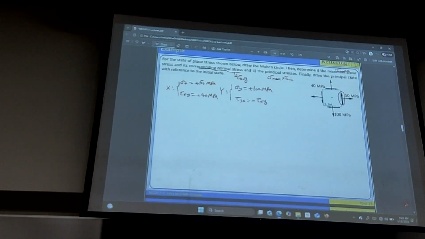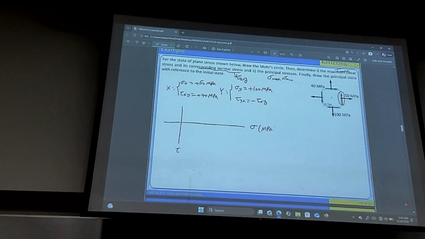All right, we have these values. Let's draw the circle. Sigma, tau, because we're working all in mega, simply put the unit by the label so that we do not keep repeating those units. All right, Jacob, please help me as a GPS. I'm at the center.